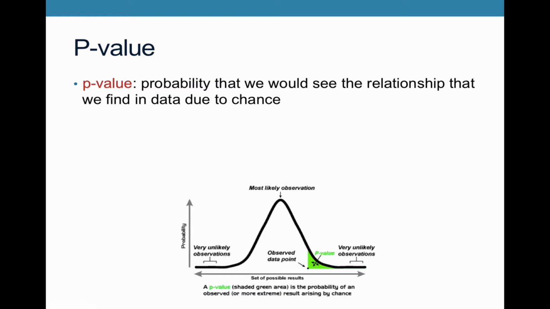Let's think a little bit about these tails. If you saw a difference of, say, 15% between treatment and control, that's hypothetically possible in the data, but extremely unlikely, which is why it's asymptotic out here, where it's approaching zero. It's approaching a 0% possibility that you see that data just due to chance.